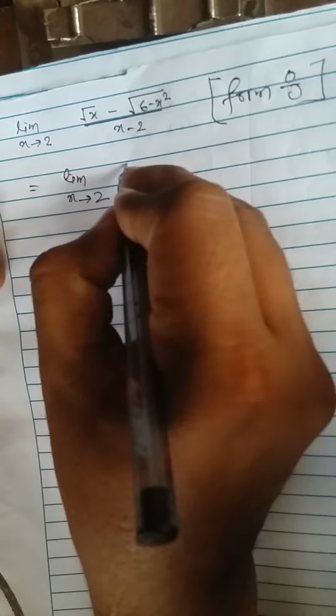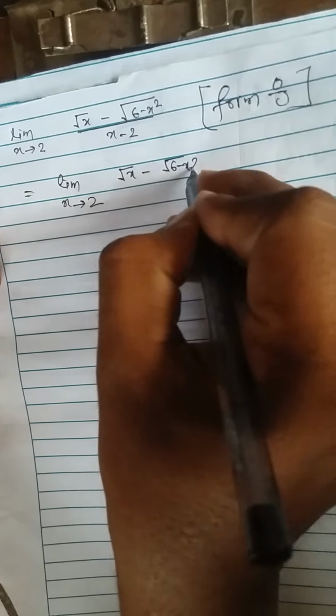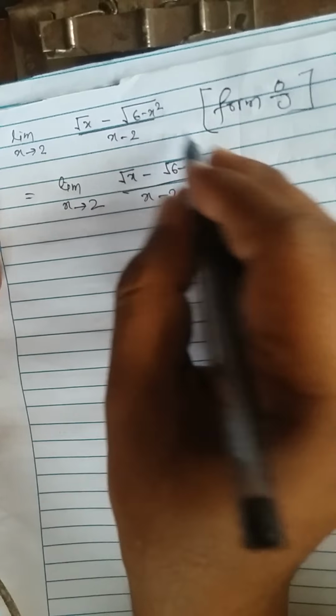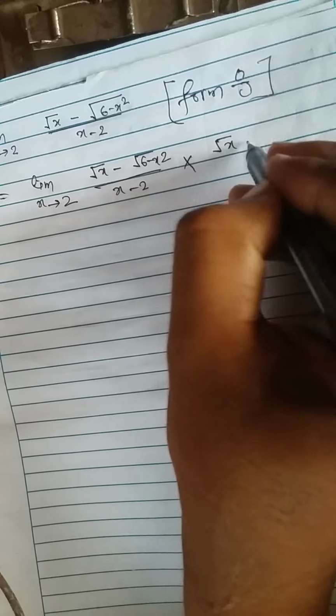This becomes limit x approaches 2, root x minus root under 6 minus x square as it is, by x minus 2 as it is. Let us rationalize the numerator. The result becomes root x plus root 6 minus x square. We are simply rationalizing, nothing else.